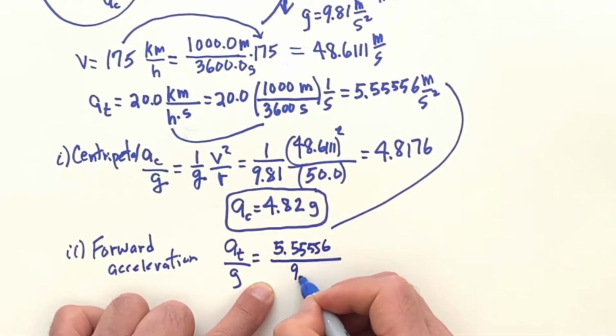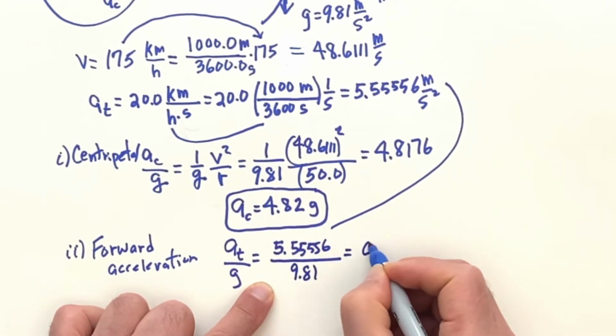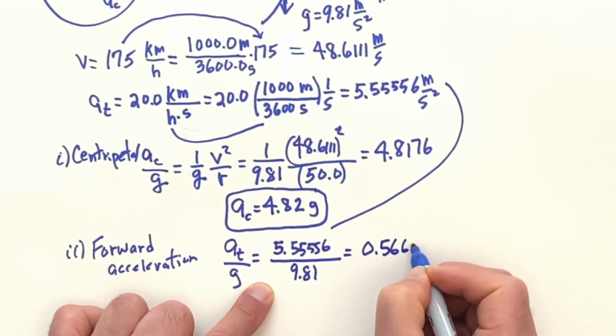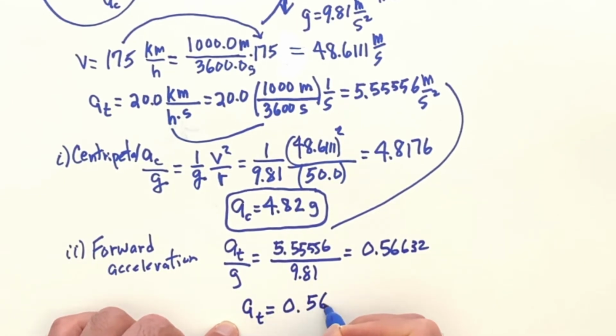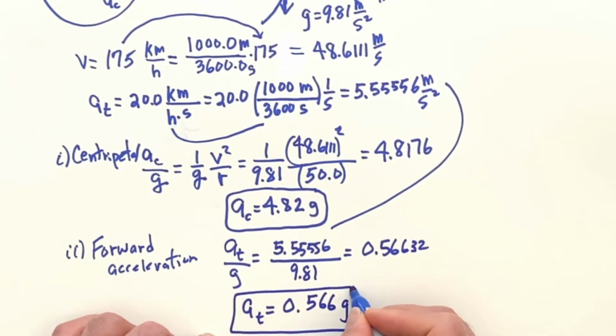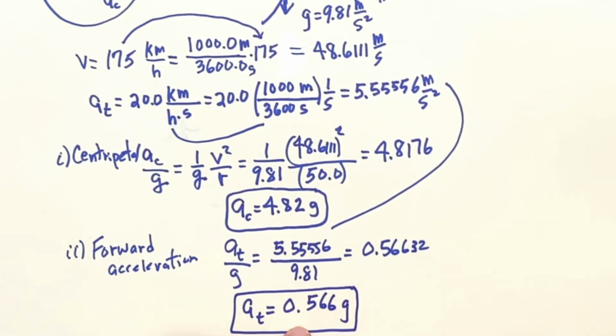Divide by 9.81, and you get 0.56632. So the tangential acceleration, or the forward acceleration, is quite small. The driver would feel the seat pushing on the driver's back. So there are the accelerations.